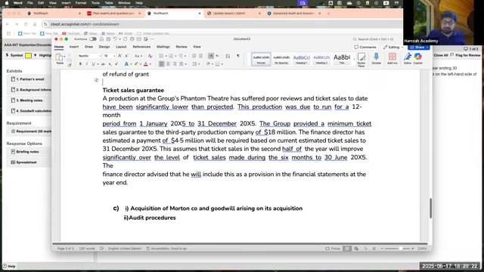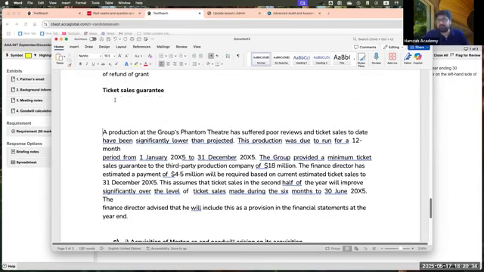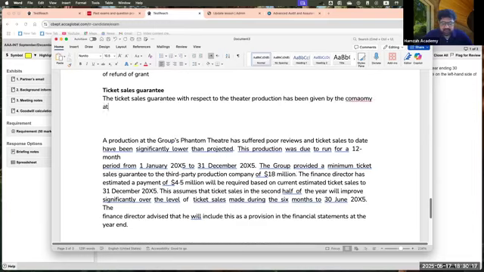If they do not do it, we do not know what they have done. They have not explained whether they have done this treatment. So let us write the answer for it. The ticket sales guarantee with respect to the theater production has been given by the company at 18 million.